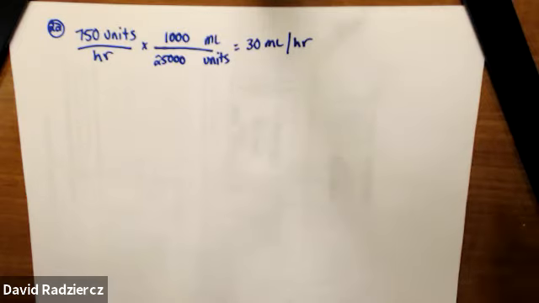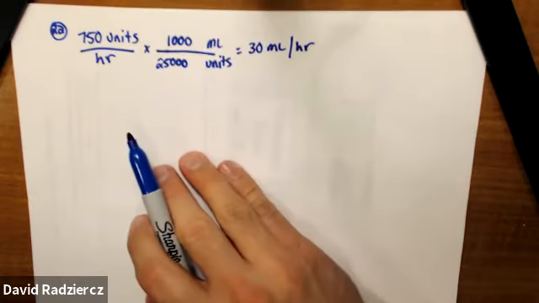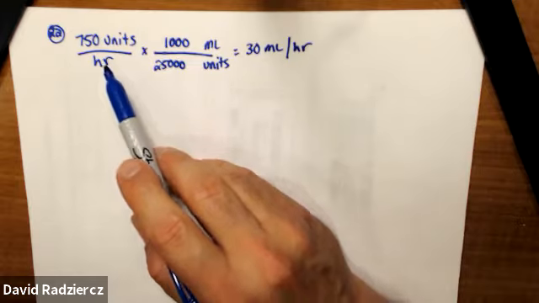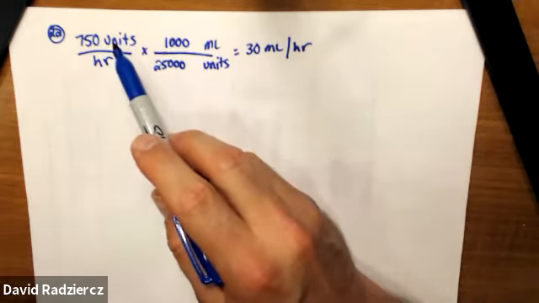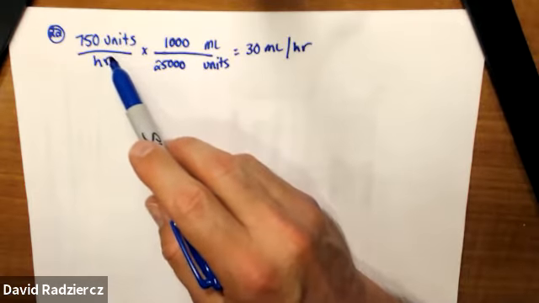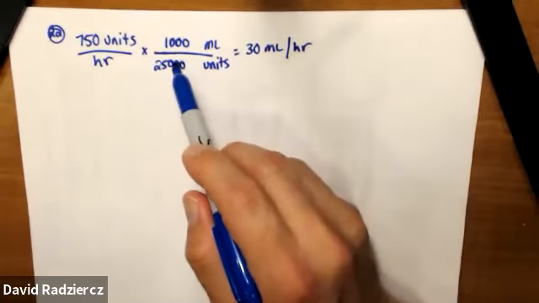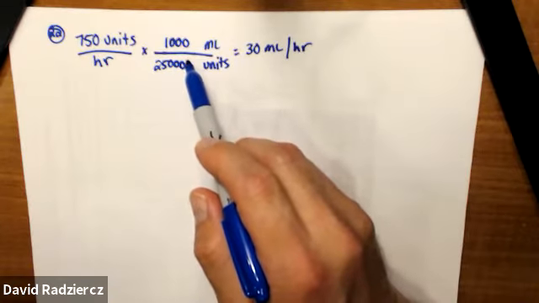So again, the trick, or the strategy, for this question is to make a decision on what you want to start with. I decided that when I do these types of problems, I'm going to start with the current rate, units per hour, and then convert units to milliliters using dimensional analysis.